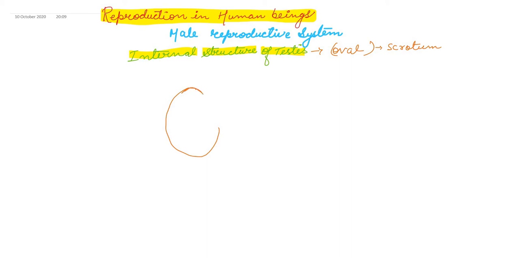This outer layer is fibrous. This layer is known as tunica albugina, which is fibrous.